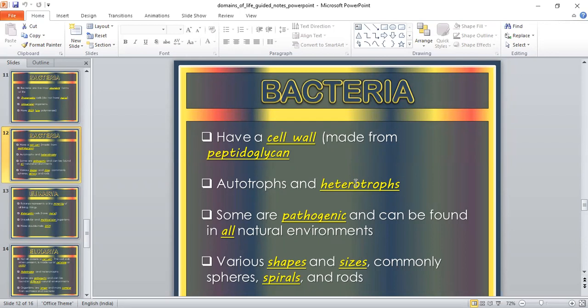Bacteria can be pathogenic for various life forms, and they can also be non-pathogenic. For example, in humans, pathogenic bacteria are found, and non-pathogenic bacteria are also found. The pathogenic bacteria cause disease, and non-pathogenic bacteria do not cause disease.